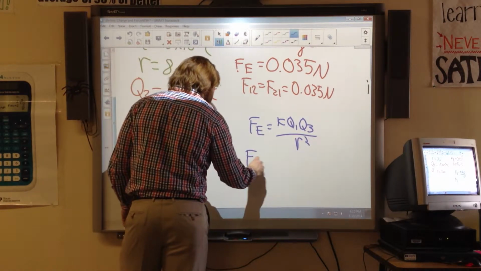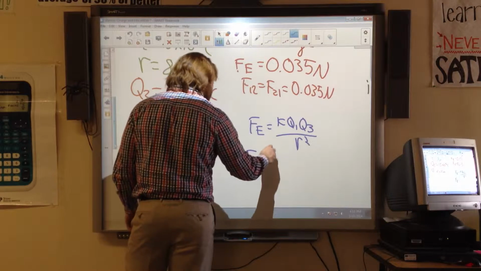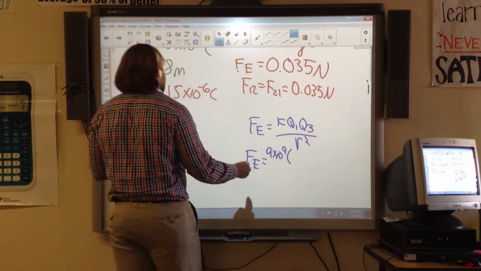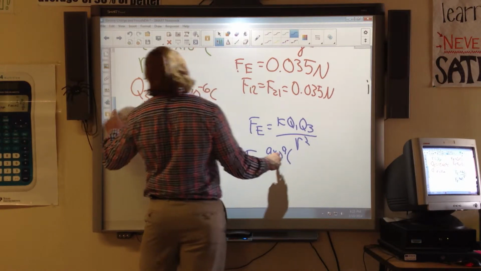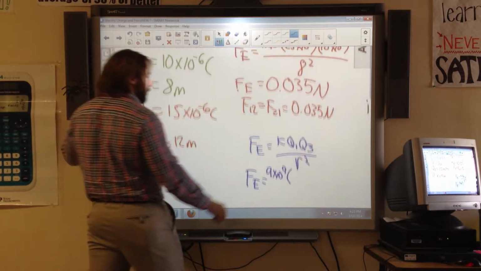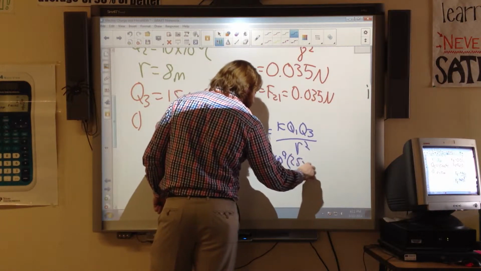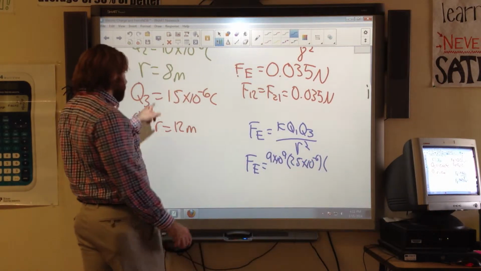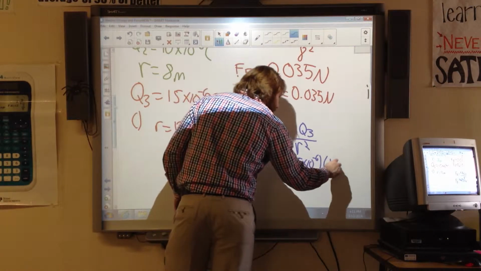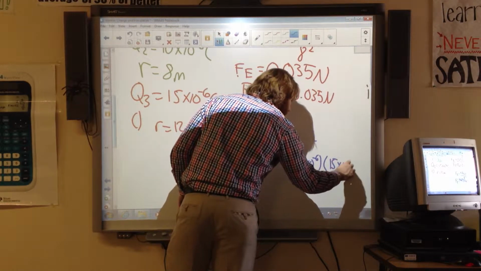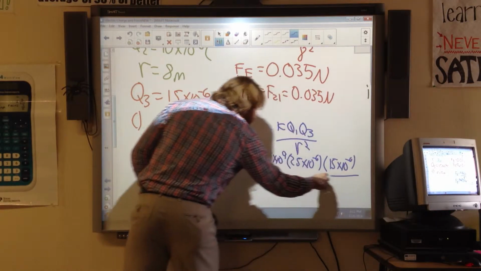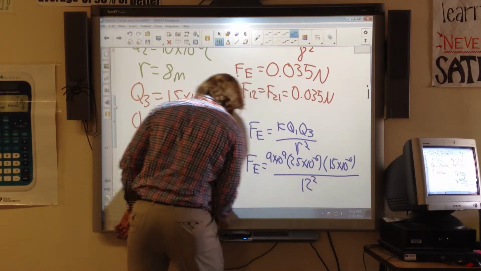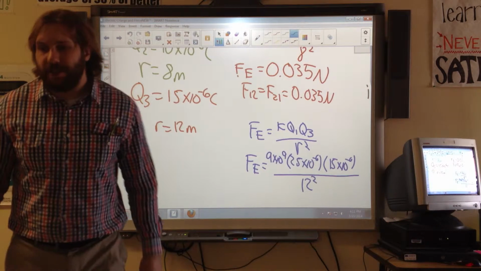Q1, Q3 this time, divided by R squared. FE equals 9 times 10 to the 9th times, go back to Q1, 25 times 10 to the -6 times Q3, 15 times 10 to the -6 divided by 12 squared. Give you a minute to take that down.